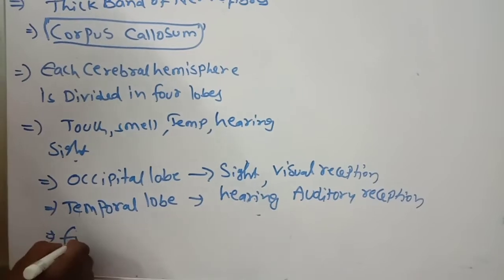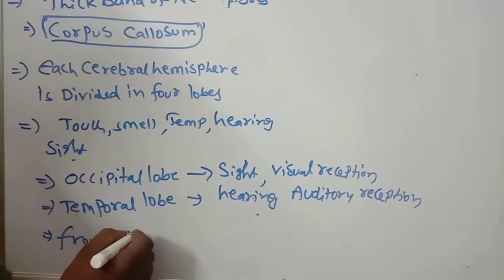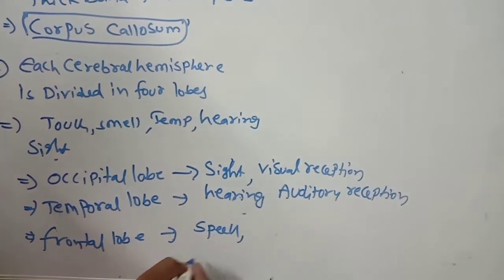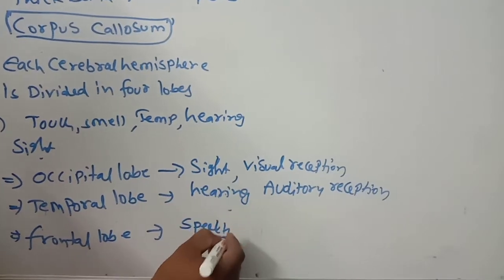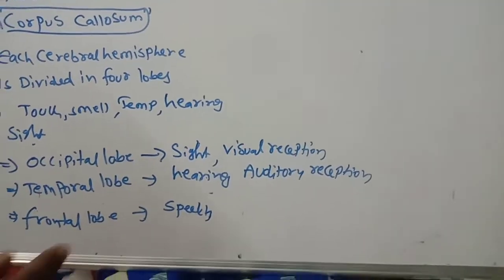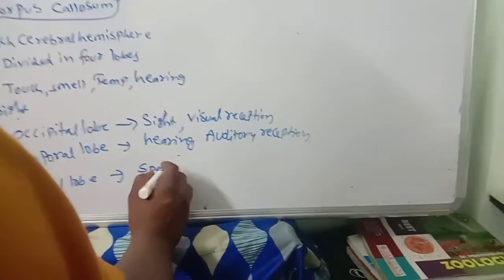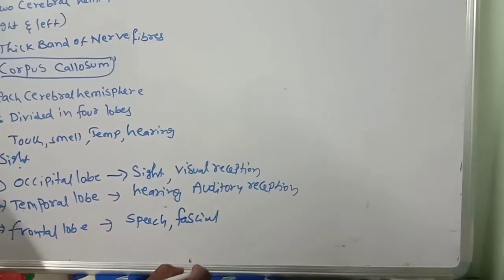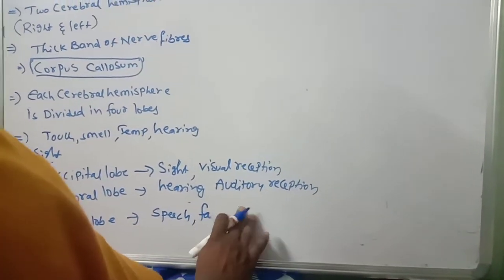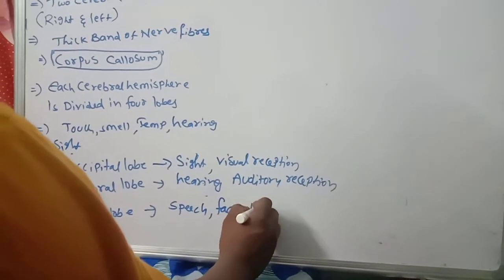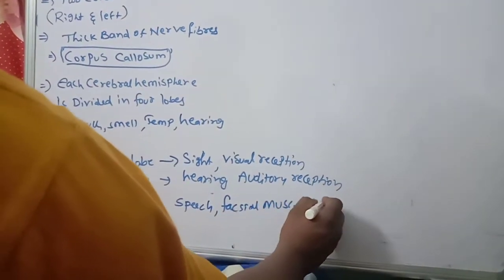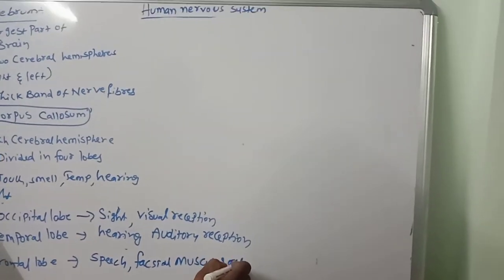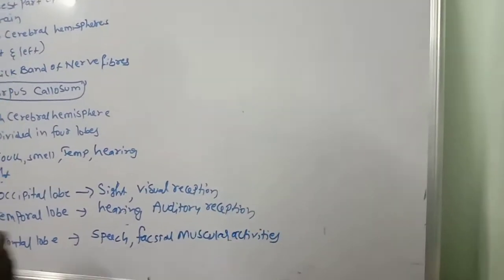The third one is the frontal lobe. The frontal lobe is helpful for speech, very important. Next, facial muscular activities, and also mental activities, are under the control of the frontal lobe.